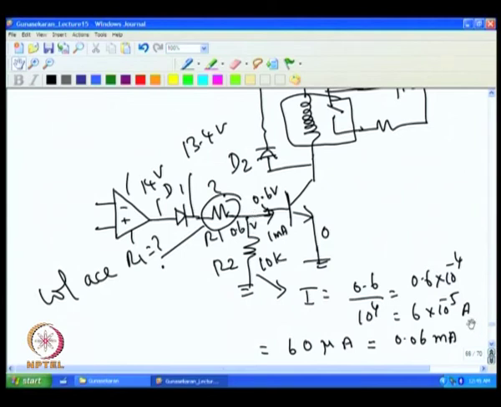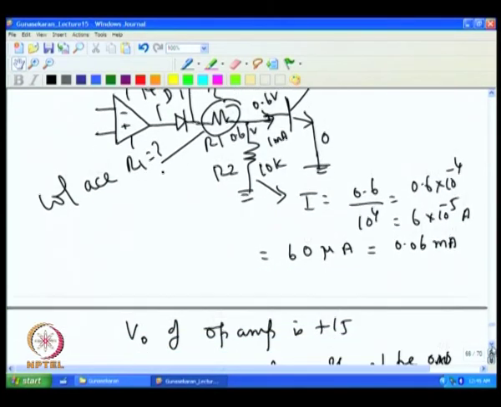Once you know the voltage across this is 12.8, and I know the current flowing through this, which is 1.06 milliampere, I can write 12.8 divided by 1.06, that roughly gives around 12 K resistance. The 10 K standard resistance available can be used here. So, R1 needs to be around 10 K.